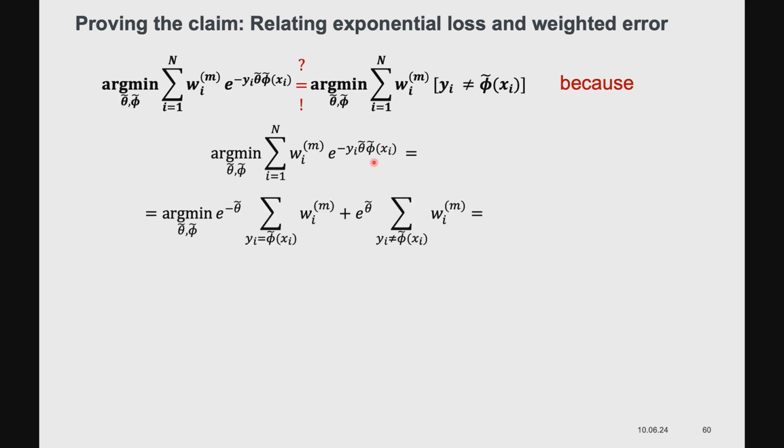When we have this term, we can take this e to the power minus theta tilde or e to the power theta tilde outside of this equation, when we separate the data points into those that are classified correctly by the new function and those that are classified incorrectly by the new function, distinguished by different than or equal.